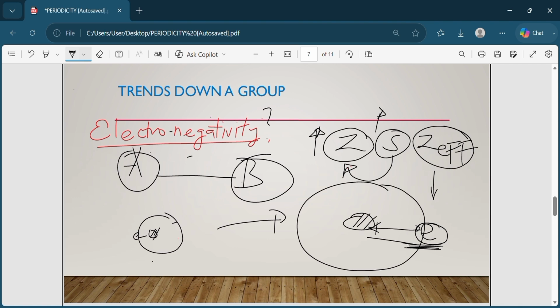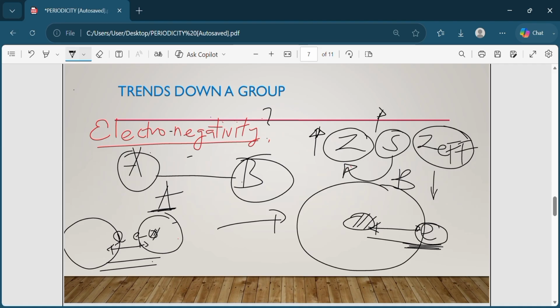Because here, if the electron is very small, meaning that it is experiencing so much attraction to the nucleus, this is atom A, this is B. At the end of it all, in order for it to attract an electron from another atom that has a different electronegativity, or a large atomic radius, you find that it easily attracts, meaning that the tendency will be higher in A.